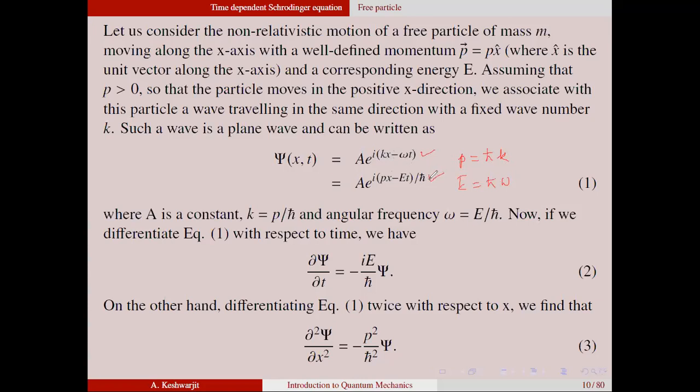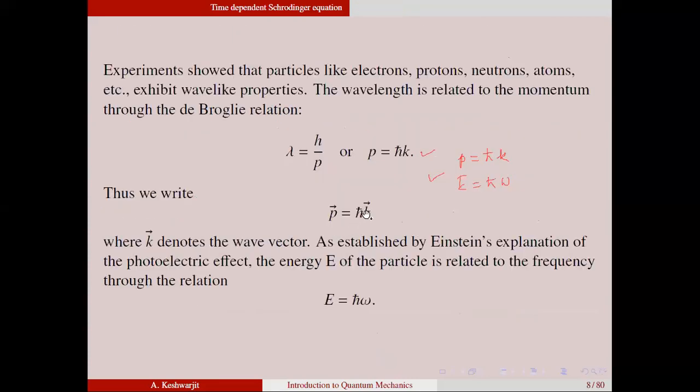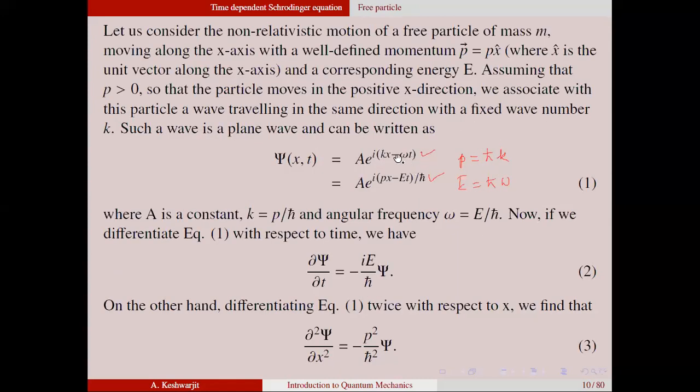That is what we learned in the previous slide. Recall, p equal to h bar k and E equal to h bar omega. So we are simply using this relation here. So this plane wave and this plane wave represent the same plane wave. Here A is a constant, k is p by h bar, and the angular frequency omega equals E by h bar.